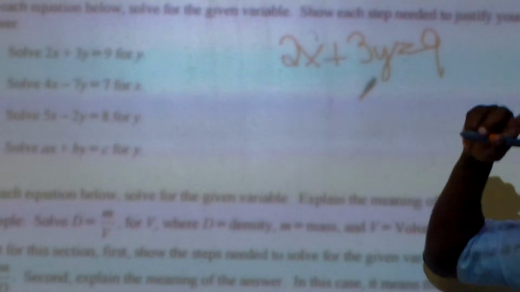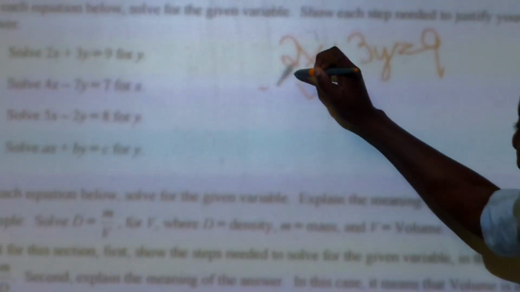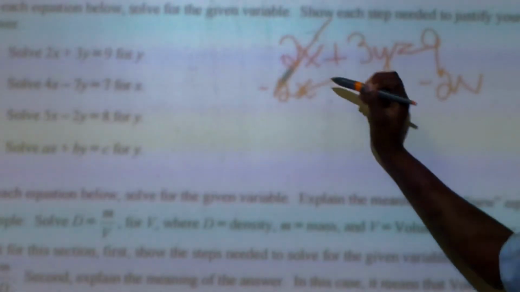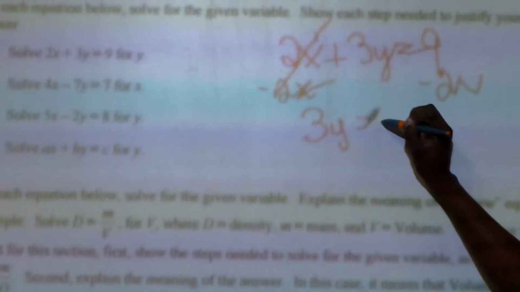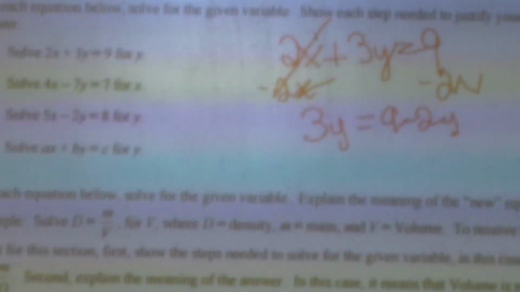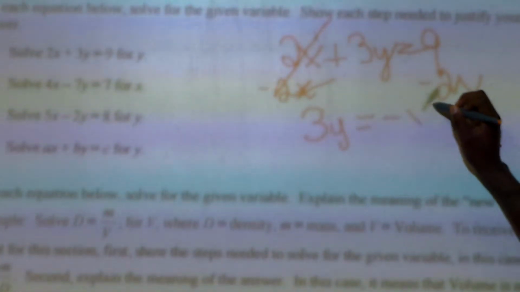So when we isolate y, what are we going to do, guys? Subtract 2x on both sides. That cancels. So we're left with 3y equals 9 minus 2x. And I'm not going to write it like that. I'm going to go ahead and put it in mx plus b form.